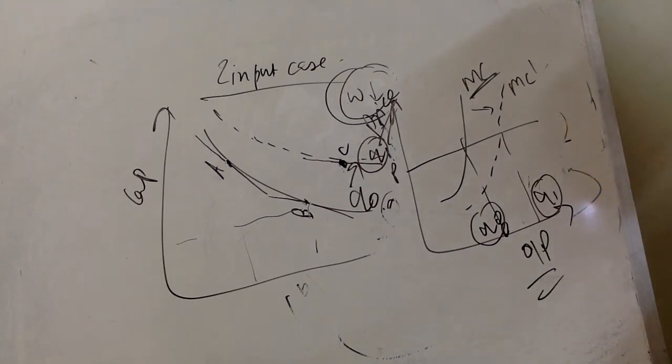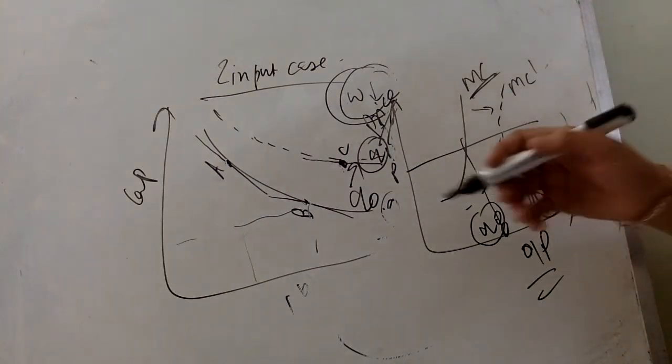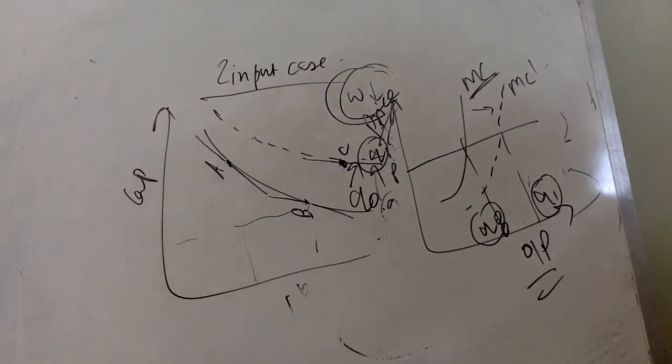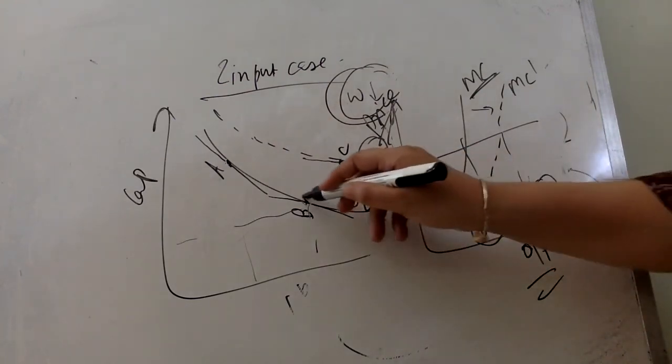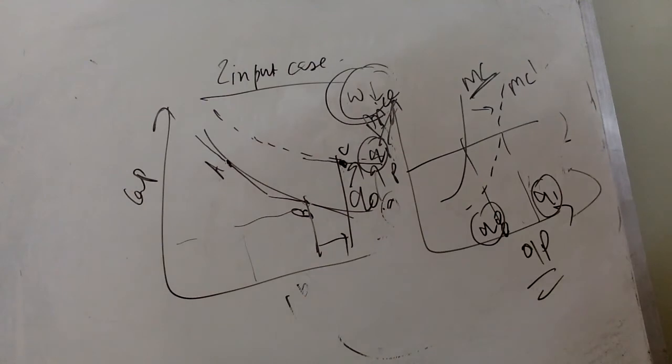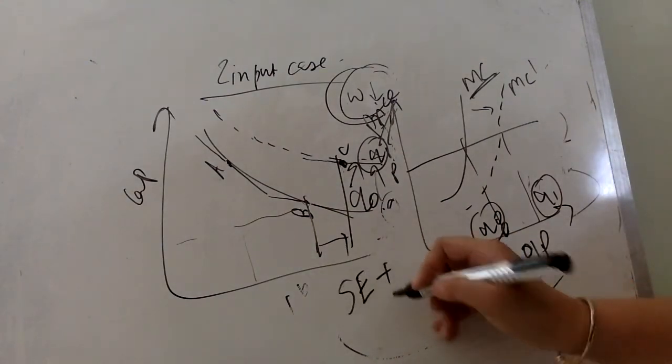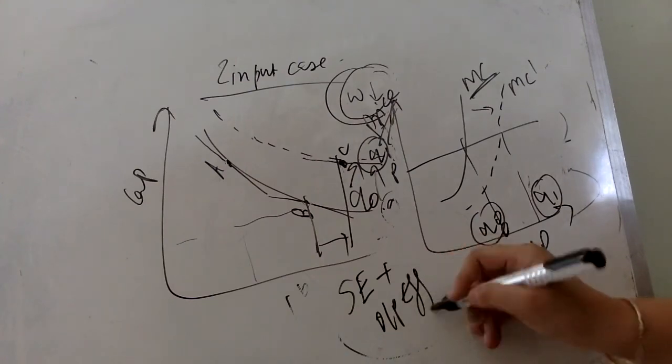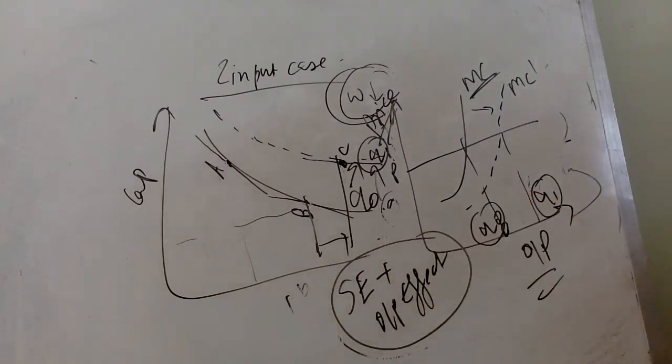And a fall in cost causes more of the good to be sold, and therefore output rises, an additional output effect is created, and hence it increases the demand for that input from B to C. So this completes the summary of the substitution effect and the output effect. This is the breakup of the total effect of a change in input price on the demand and ultimately on the output.